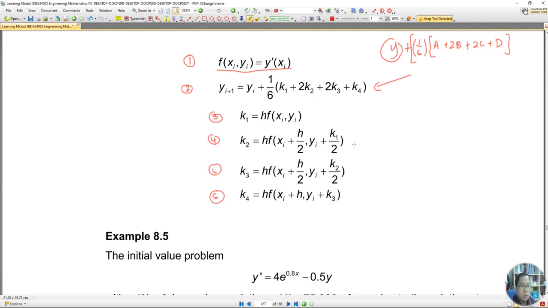For K2, all these things you have to put in your calculator. H is fixed, right? So you just put 0.2 multiplied by, in this case, based on the equation.